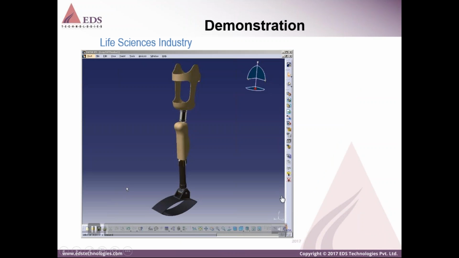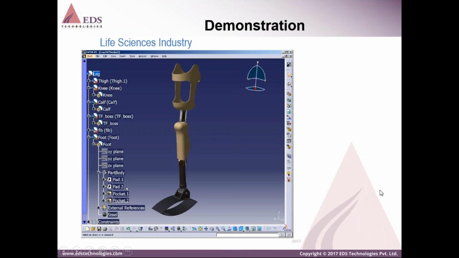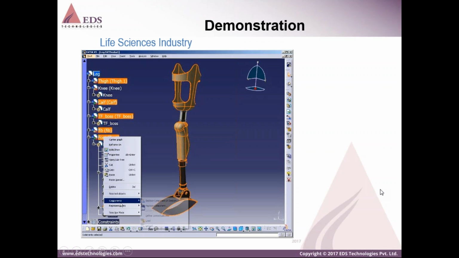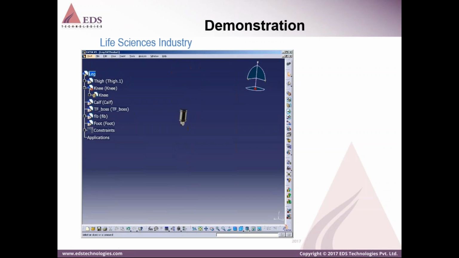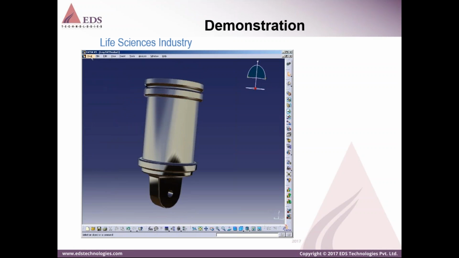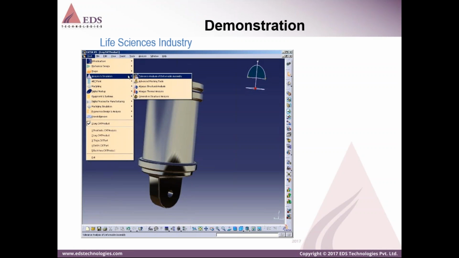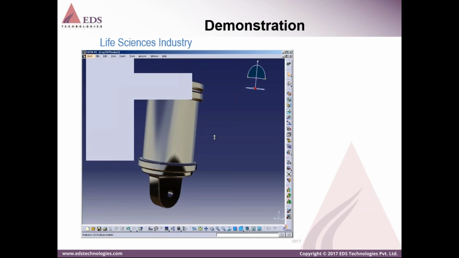Here there is one assembly, which is an example from the life sciences industry, where one specific part is taken to be analyzed. Now they are going to the generative part structural analysis.